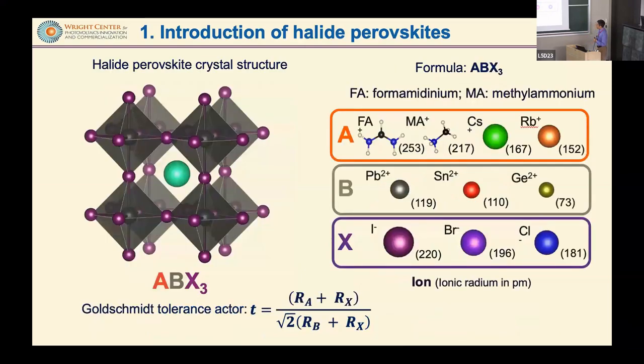But later on, there is another type, which is called the halide perovskite. For the halide perovskite, you have a similar formula, ABX3. In this case, it's no longer oxygen but a halide anion, like chlorine, bromine, or iodine. In the center is another cation, usually lead or tin for the halide perovskite.